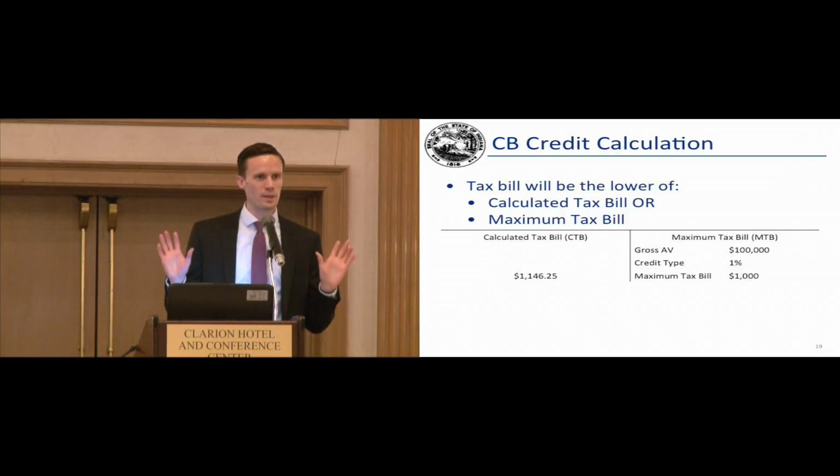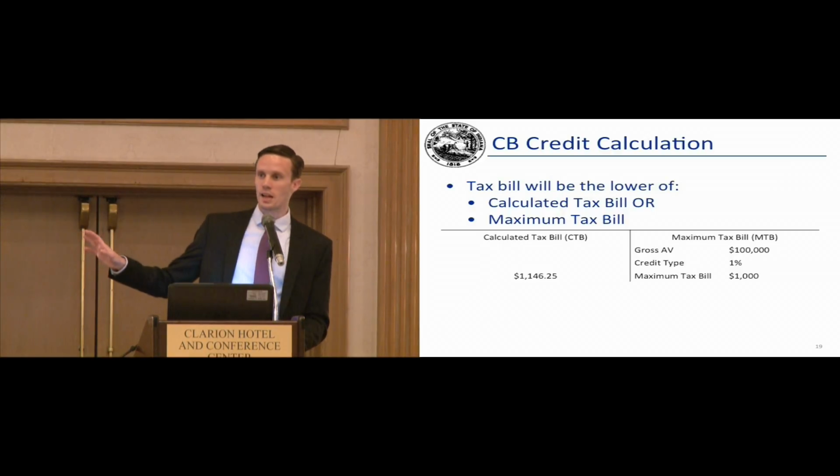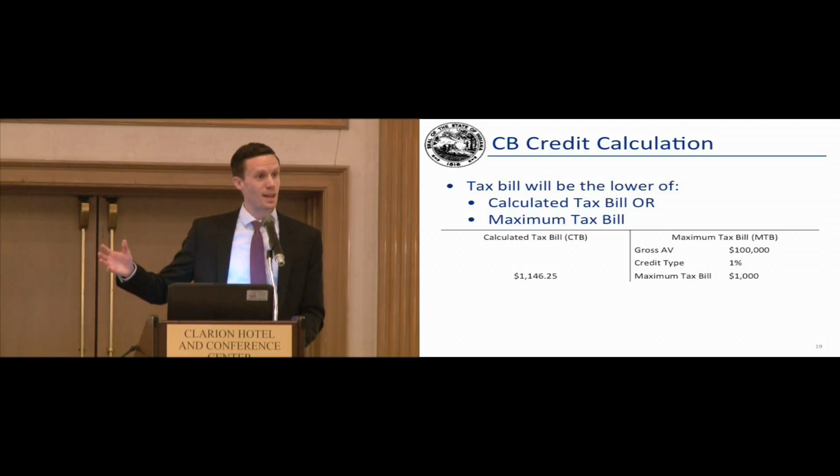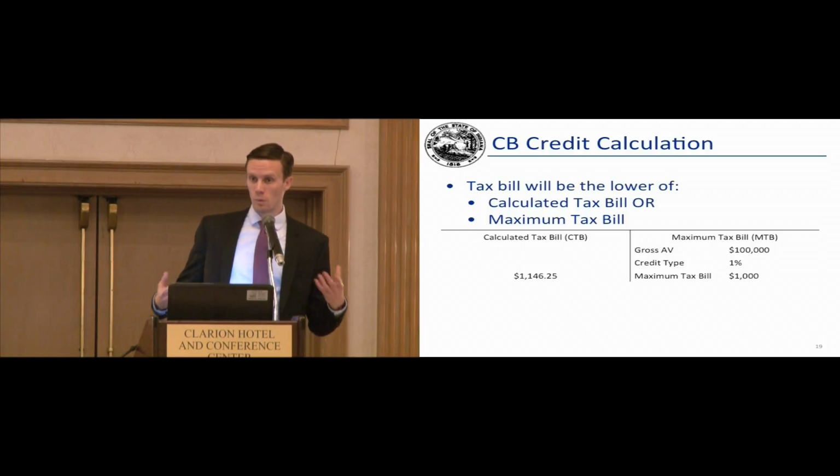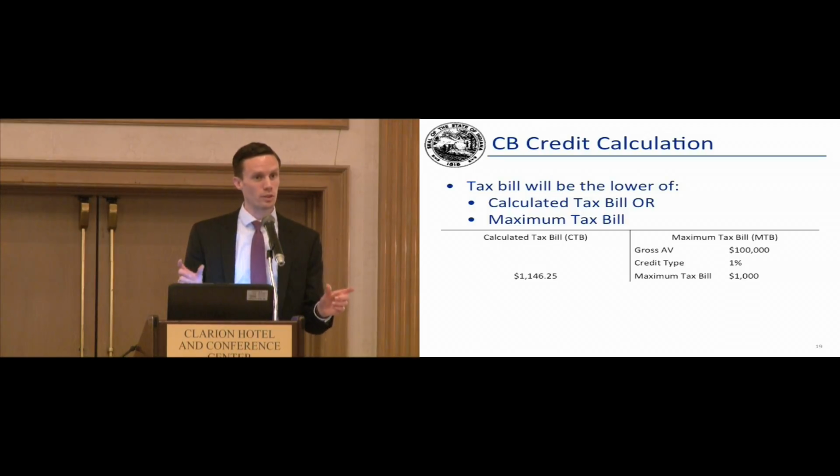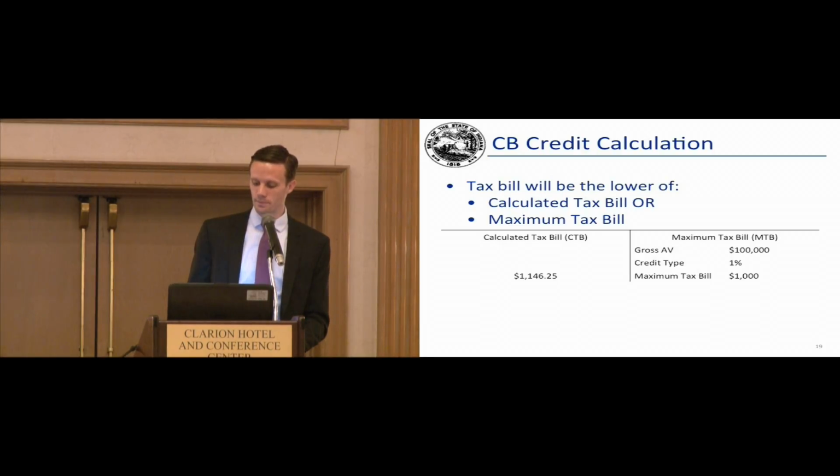So again, we're just going with an easy scenario: $100,000 in gross assessed value. We're saying they're eligible for the 1% circuit breaker type, so their maximum tax bill in this case would be $1,000. We're going to be taking the lower of these two amounts. So from the taxpayer's perspective, if they were asking which one they're going to pay, they're going to pay the lower amount. In this case, their maximum tax bill, or $1,000.